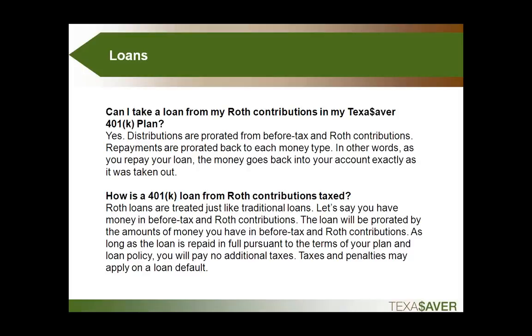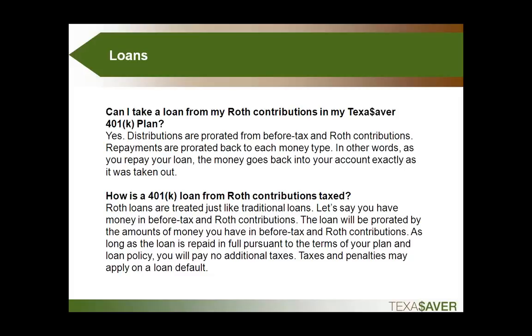Maria has made before tax and Roth contributions to her 401k plan. Maria has $10,000 before tax dollars and $5,000 Roth dollars in her Texas Saver plan. She takes out a $2,000 loan.